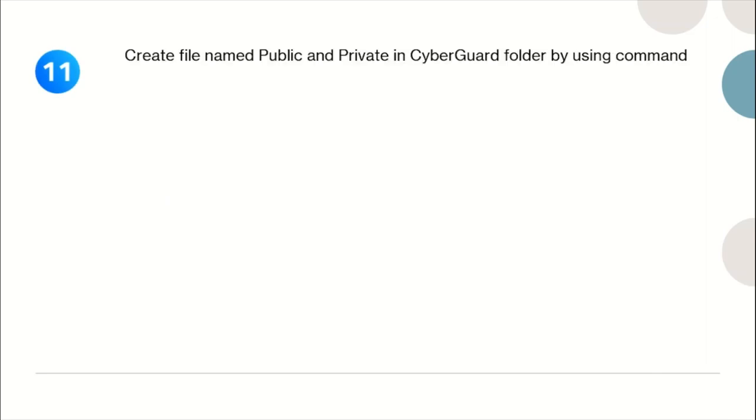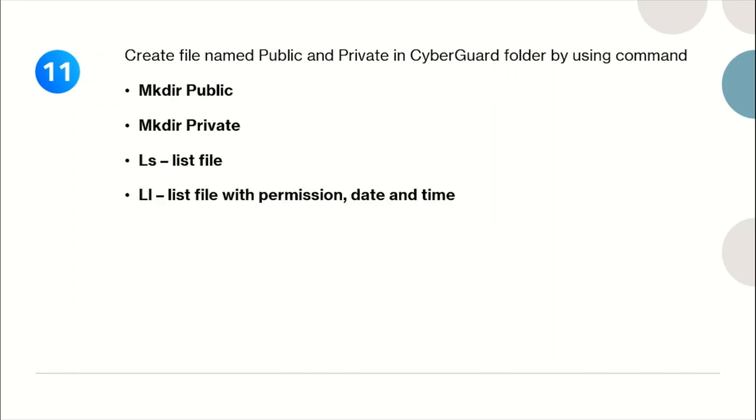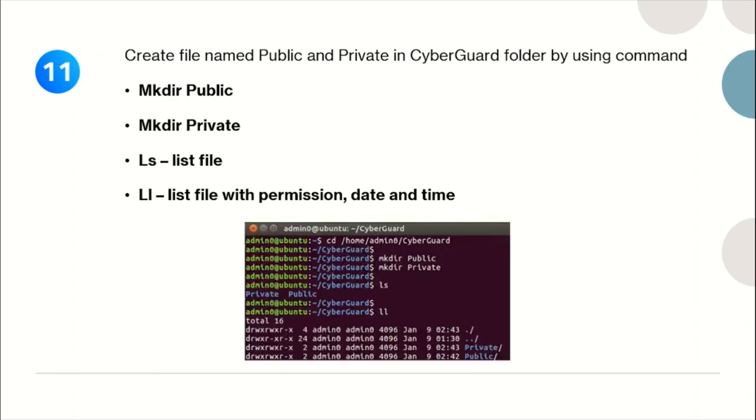Next, we will create folders named public and private in the CyberGuard folder. We will use the commands mkdir public, mkdir private, ls to list all the files, and ll to list files with permission, date and time as shown below.